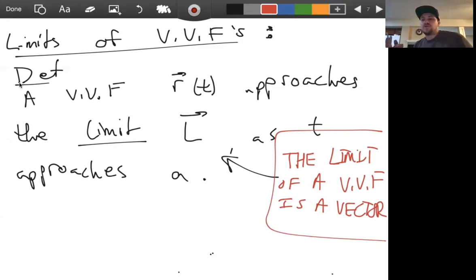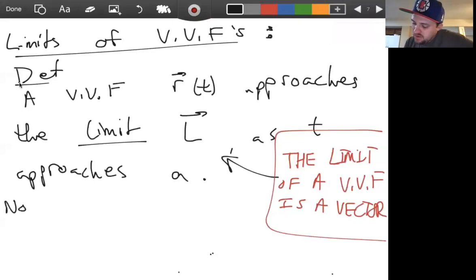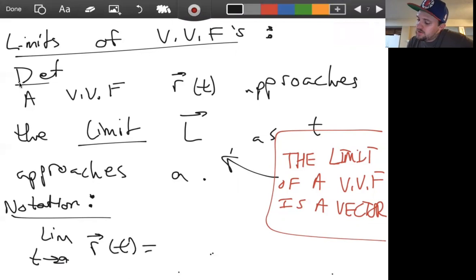Notice now our functions are outputting vectors, so the limit is a vector. How do we denote this? Here's some notation. And it's nothing new. It's the limit as t approaches a of the vector valued function is L.